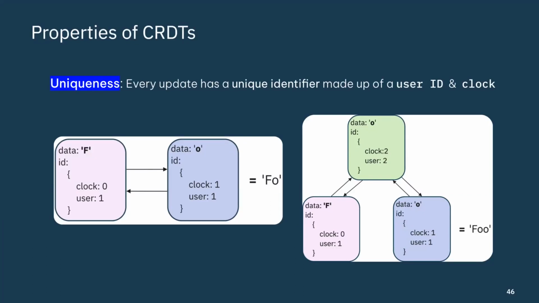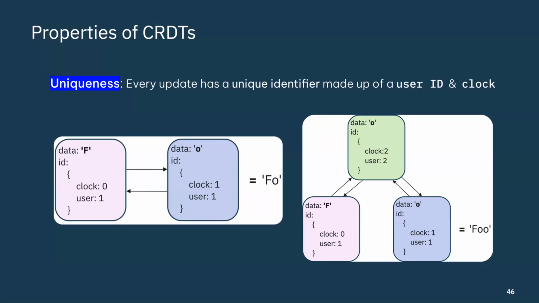Every character is assigned a unique identifier, which internally is known as a timestamp. First is the user identifier, the user who performed the operation, and second is an incrementing clock, which indicates where in the sequence of operations the operation occurs. So for example, the left diagram here shows the same user, user 1, executing two operations, both of which are insertions.